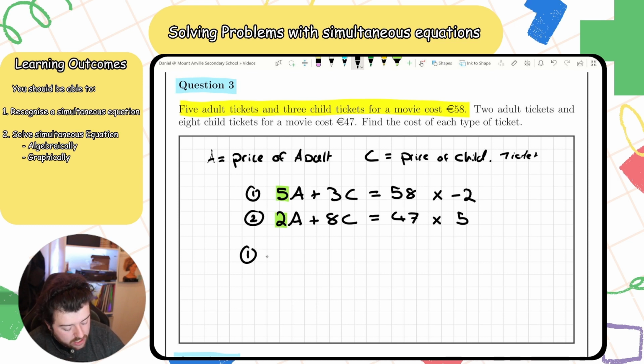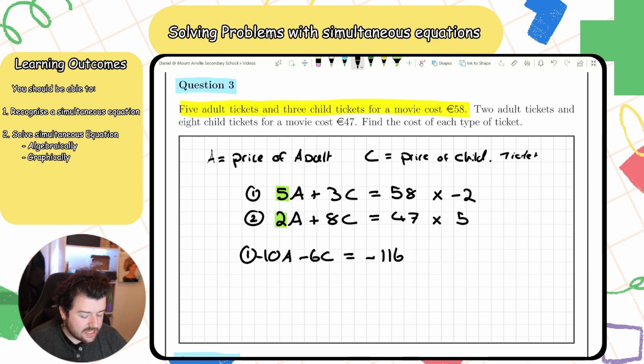So my top equation is going to be minus 10a minus 6c equals 58 times -2, which is -116. Next one. 2a times 5 is 10a. 8c times 5 is 40c.